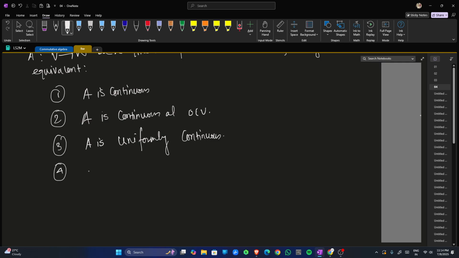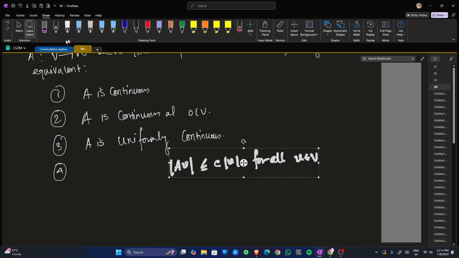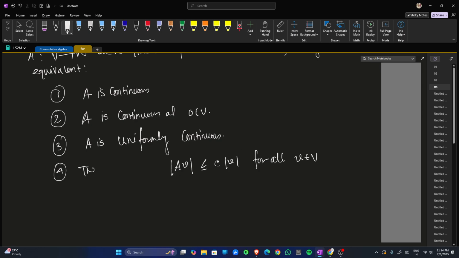Four, okay, let's rewrite it properly, there is a c greater than 0 such that norm of Av is at most c times norm of v.